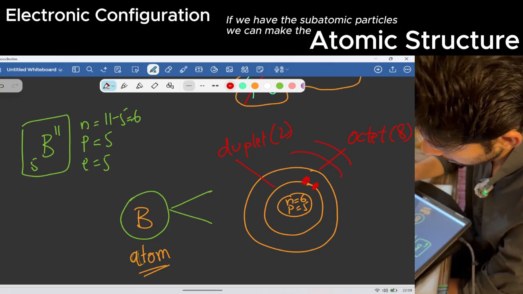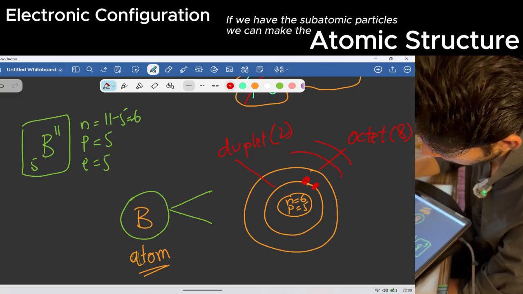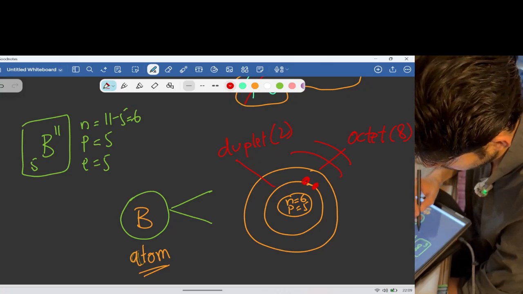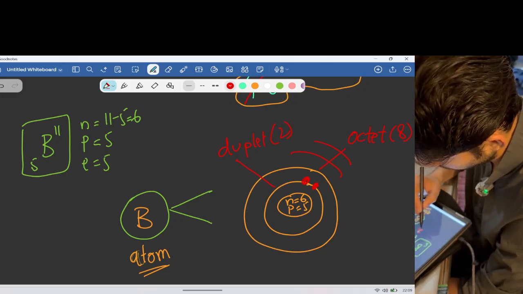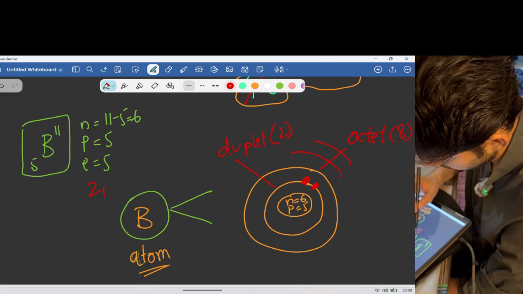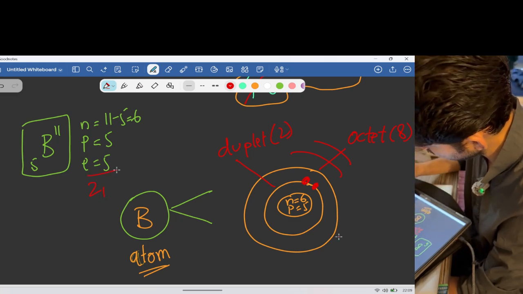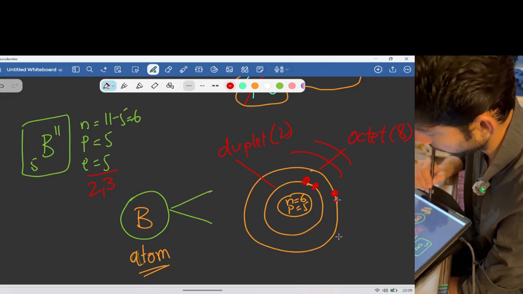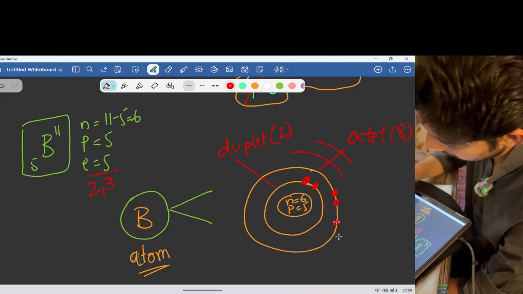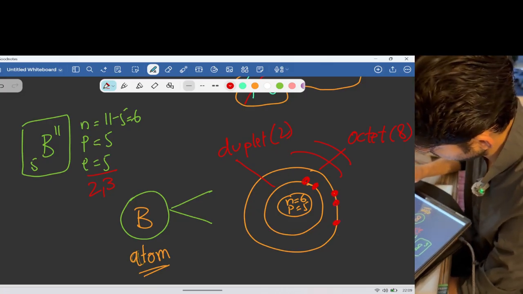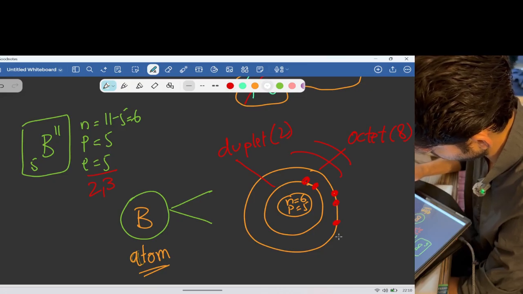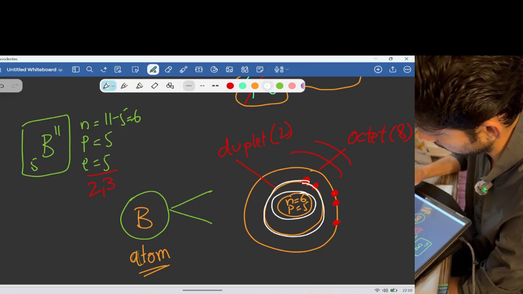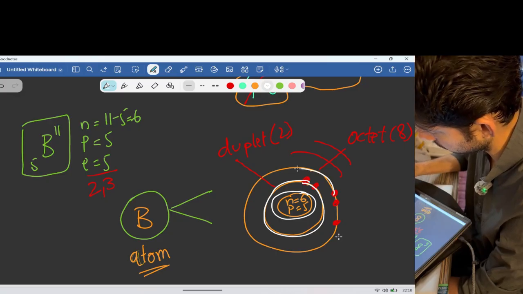So I'll quickly make the remaining electrons. We have accommodated 2 electrons, so the leftover electrons would be 3, right? So the 3 electrons would be accommodated in this way. As you can see, I've made my nucleus and our orbits. In the first orbit we have 2 electrons, and in the second orbit we have 3 electrons.